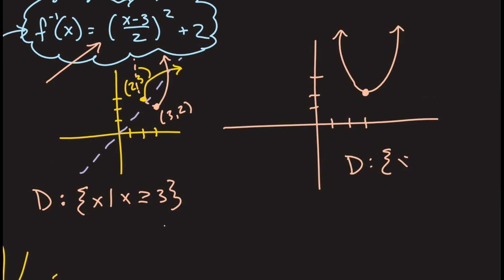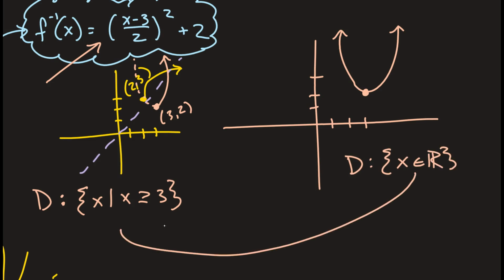All real numbers. So we're going from all real numbers to just the values that are bigger than 3. This is the restriction. We're restricting it from all real numbers, which is what this quadratic really has, to everything bigger than 3 because we only want half of the quadratic, actually.